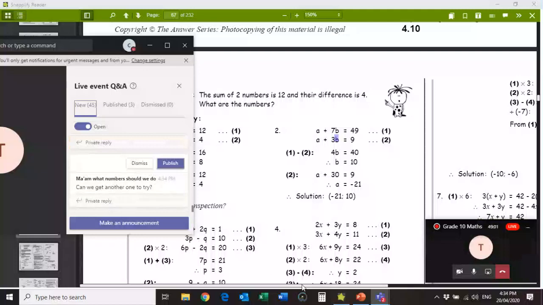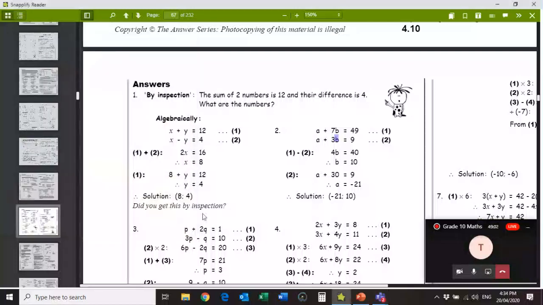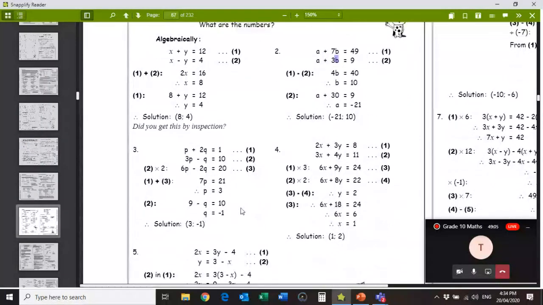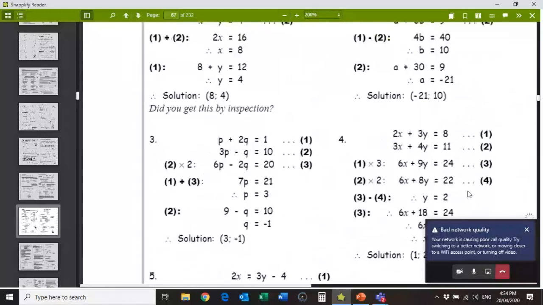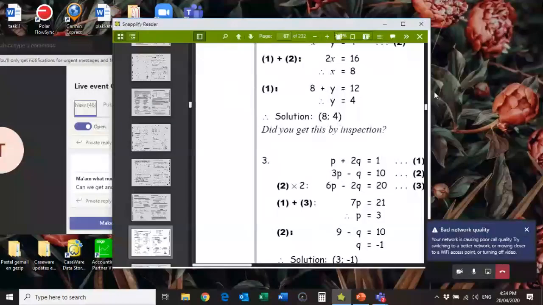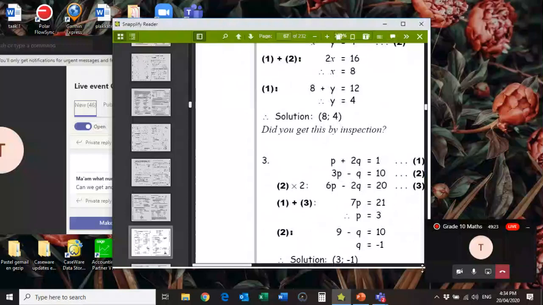Okay, let's go to number 3 quickly. Let's see what we should do in 3. And maybe we should then do number 4 as well. I think let's do that. Let's mark number 3, and then do number 4. I'm going to do this so you can't see number 4's answer.